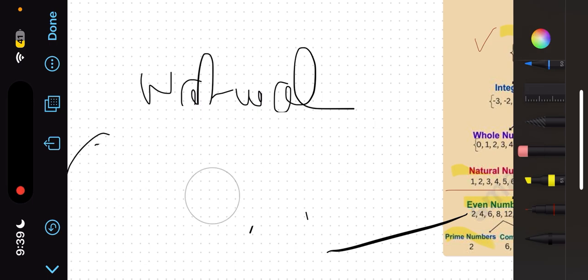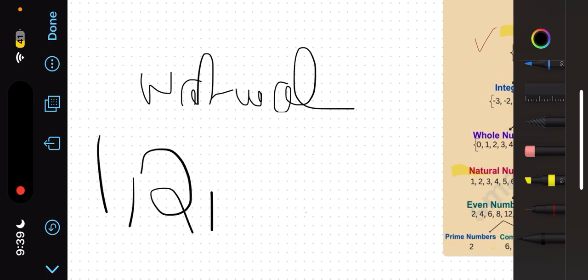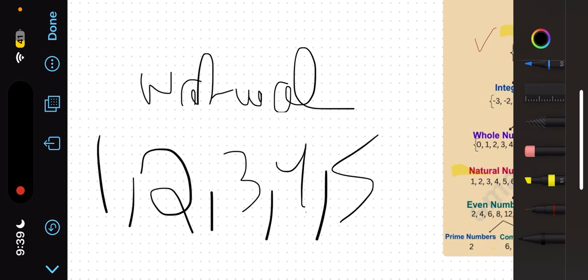It is only positive. Don't take it like you will take -1, -2, -3. No, it's only 1, 2, 3, 4, 5 and it goes on.